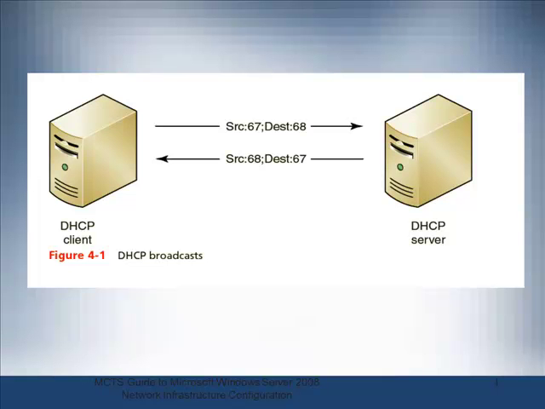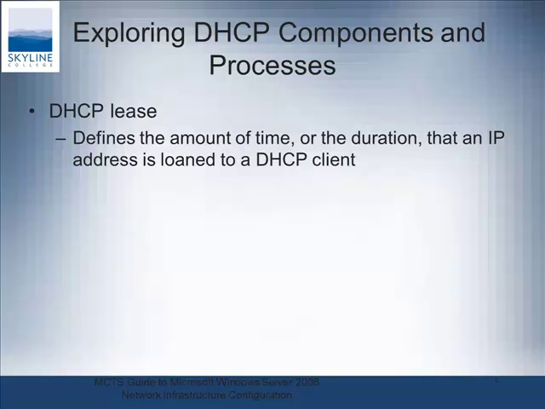The lease, when you configure your server, and they've done the setup a little bit differently than Windows 2003, because they put DHCP for IPv6 in it. You don't have a real choice for how long the lease time is.